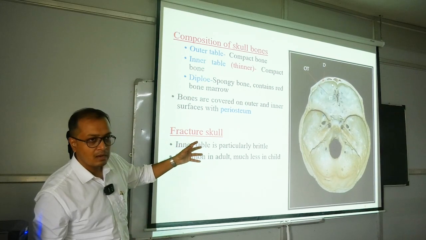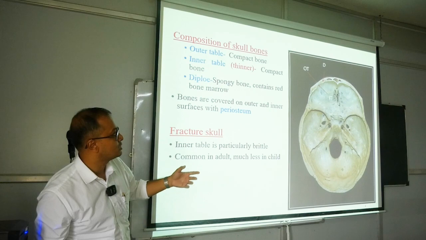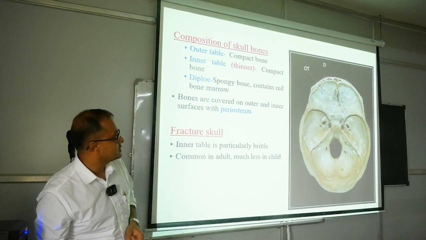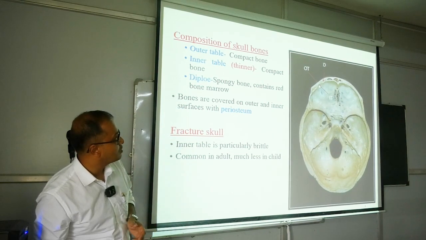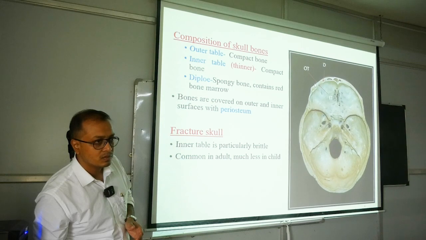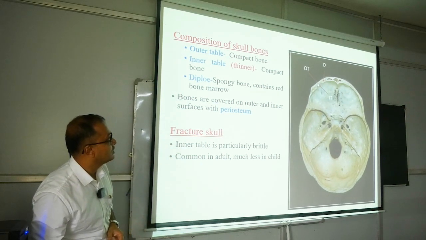The inner layer is fragile and covers the brain and the covering of the brain, which is known as meninges. The region where you have this pointer is the inner table of the skull bone, and this is the outer table, or OT, of the skull bone, which is going to have the muscle attached on the outer side. In between them, we have this layer which is lying over here.